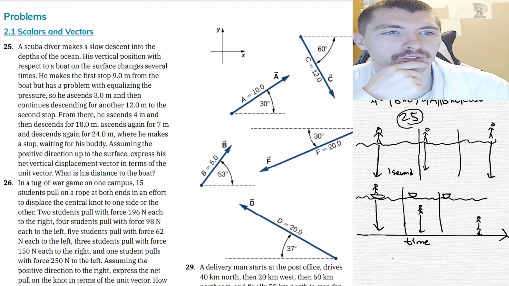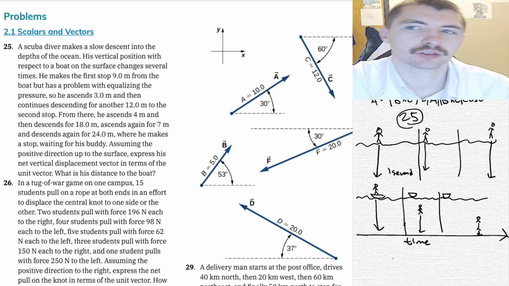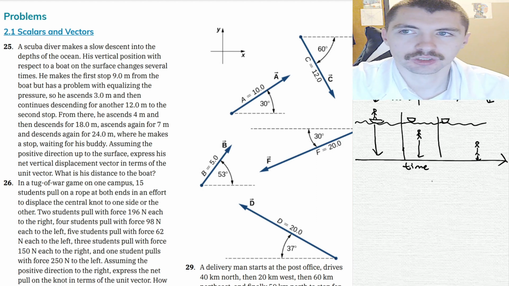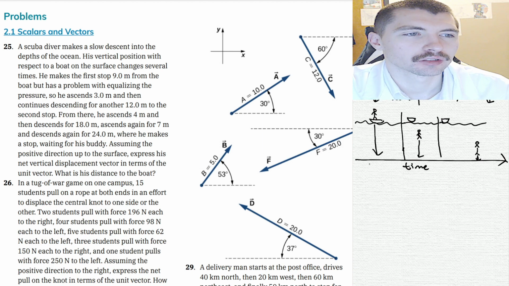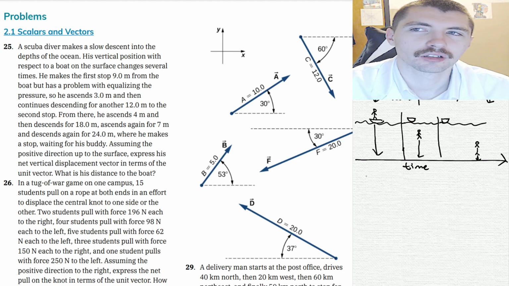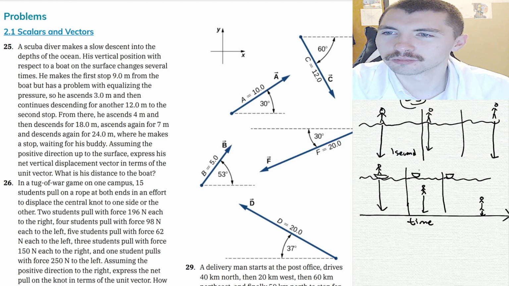Okay, so his vertical position changes several times. He makes the first stop 90 meters from the boat. Okay. I read this wrong. So this is horizontal. This is his horizontal.